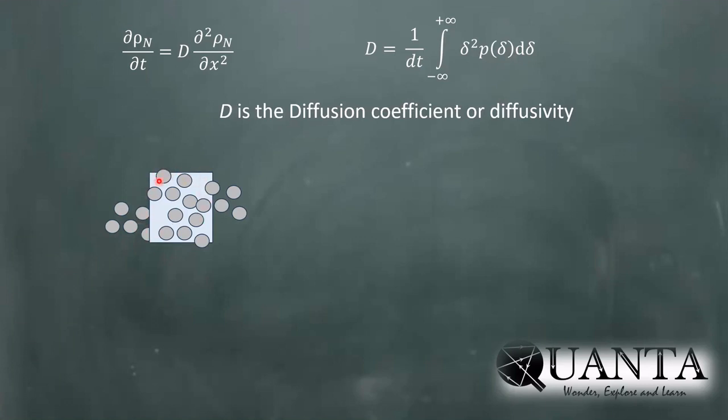For this derivation, we have been considering a box of volume delta V and the particles coming into the box, leaving the box because of the random motion. What we have here then is an expression of self-diffusivity.